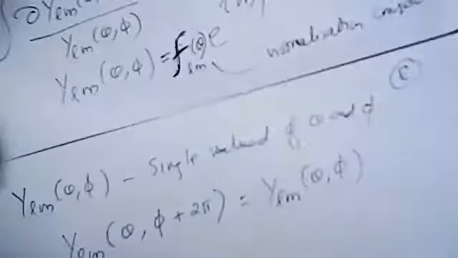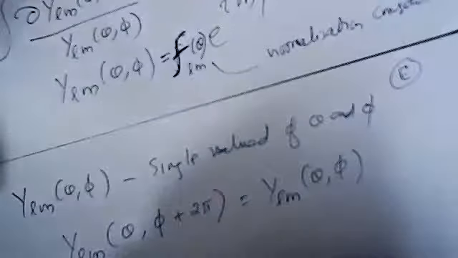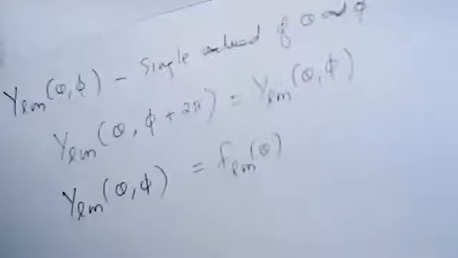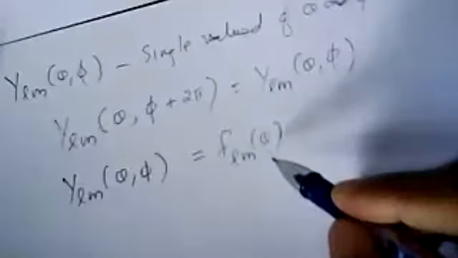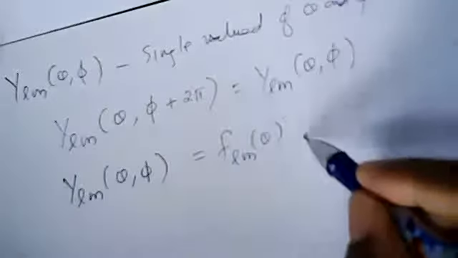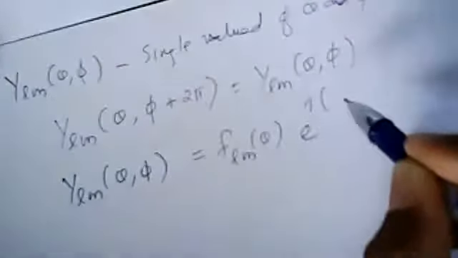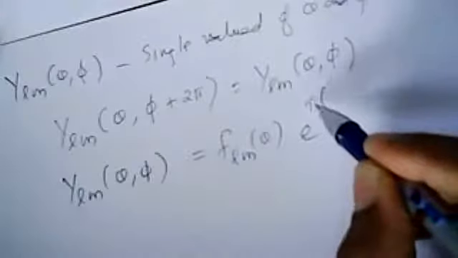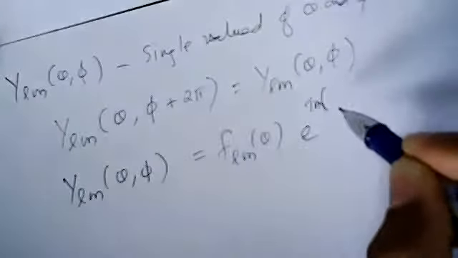So you apply this condition in this equation for Y_lm(θ, φ). Y_lm(θ, φ) equal to f_lm(θ) e to the power of i m φ, where m is a constant.